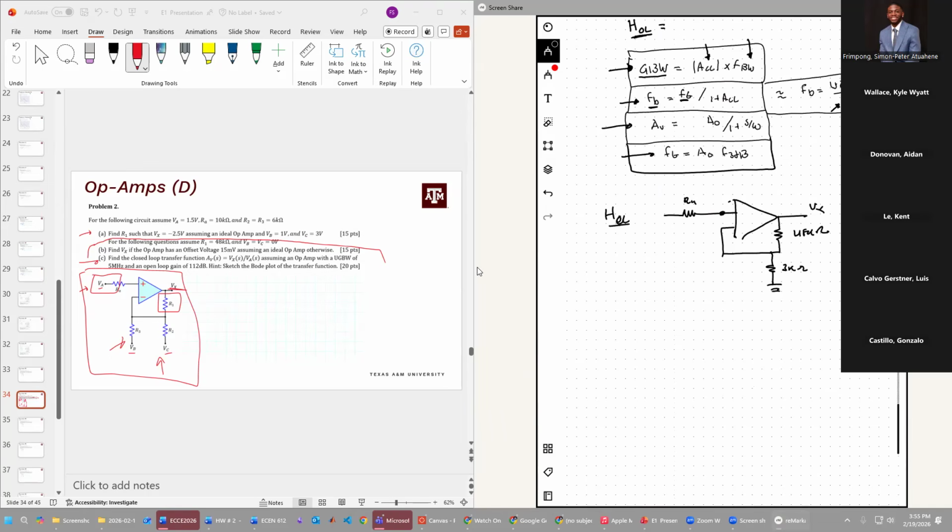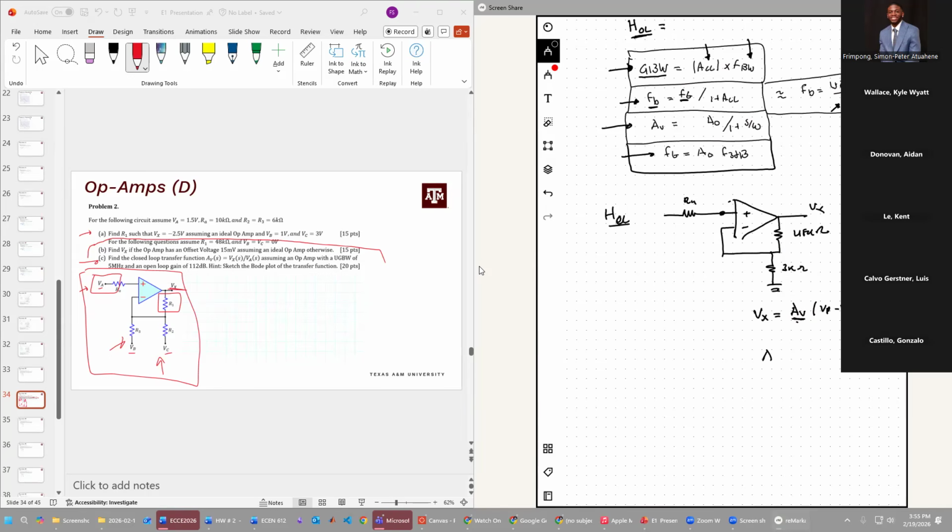All right. So because the op amp is no longer considered ideal, in order to find Vx, we know Vx is going to be equal to this gain equation times Vp minus Vn.